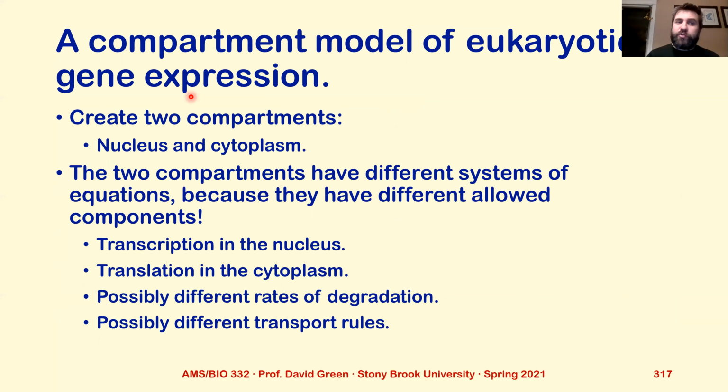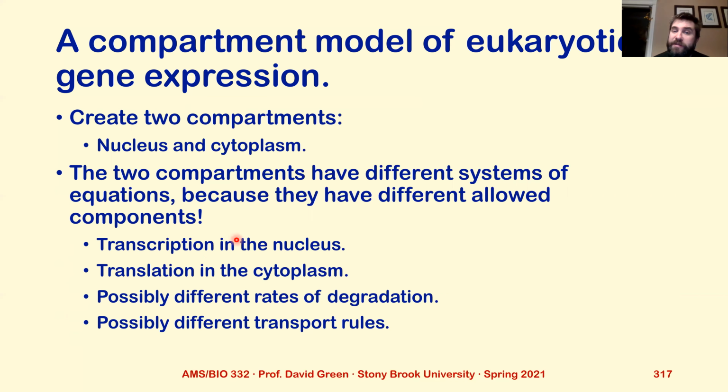So we may create two compartments, nucleus and cytoplasm. These two compartments are going to have different sets of equations in them. Each of them we're going to model as a mass action kinetic system, but they'll have different equations within them because they have different components that are allowed to be there.